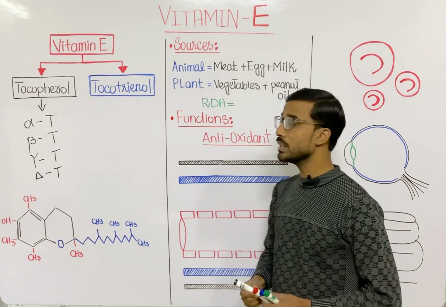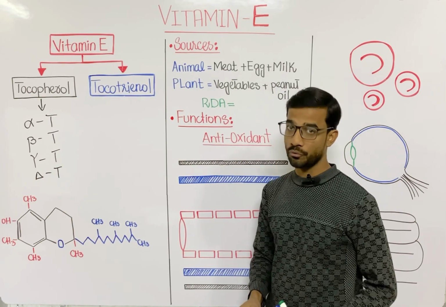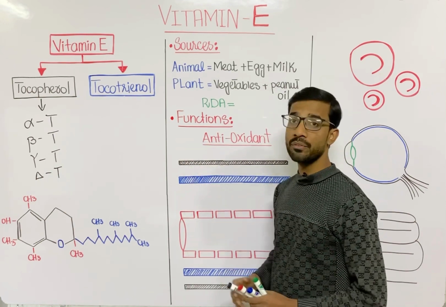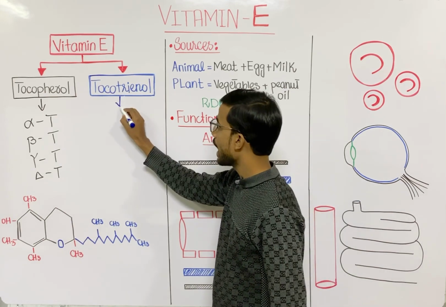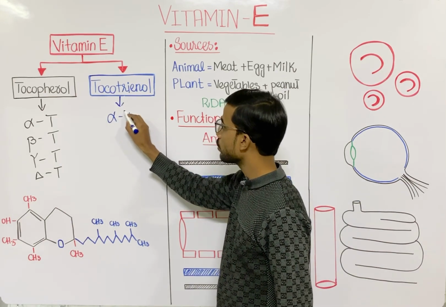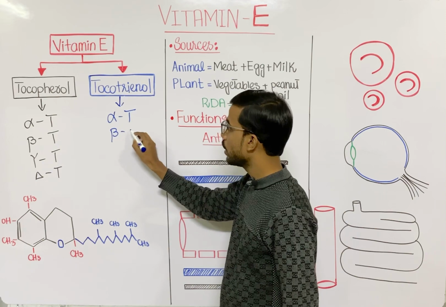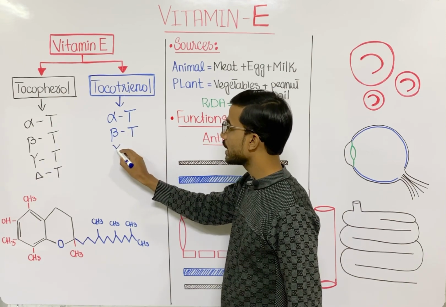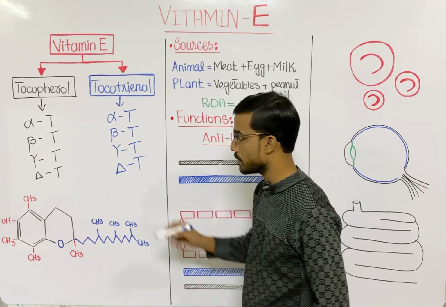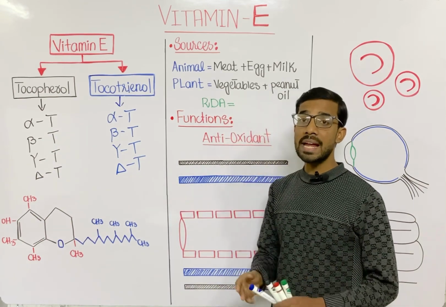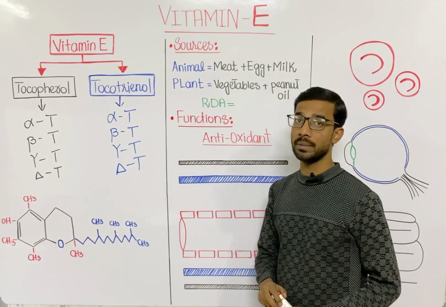Similarly, for tocotrienol you will see alpha tocotrienol, beta tocotrienol, gamma tocotrienol, and delta tocotrienol. So these are the 8 different forms of vitamin E.